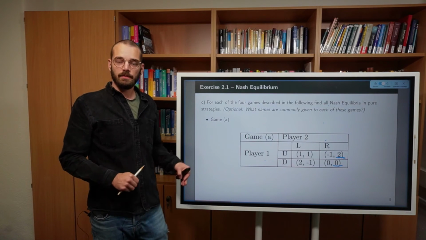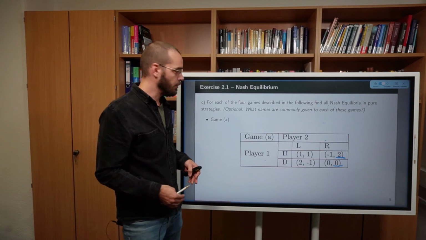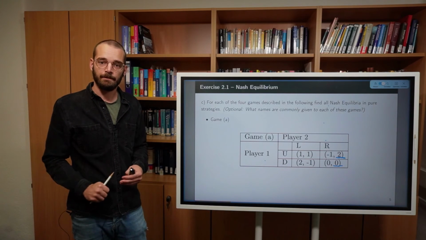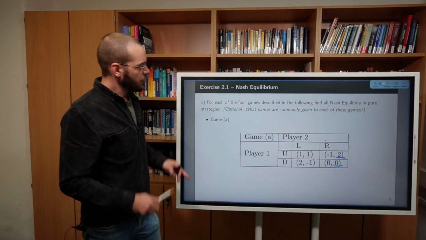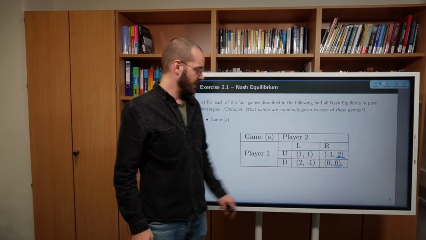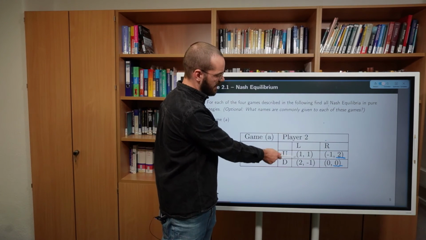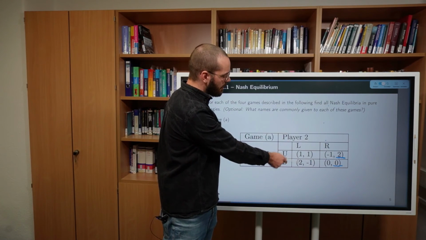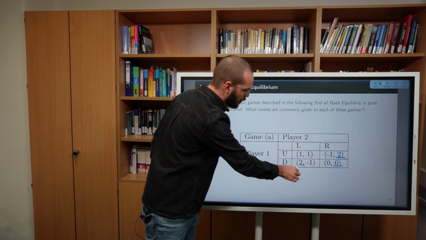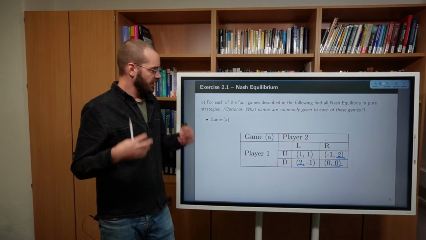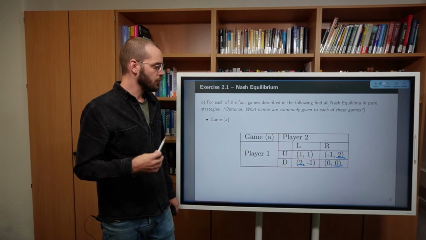Now at this point we already know all the best responses of player 2. Let's do the same for player 1. So let's assume first the case where player 2 chooses to play the left strategy. Player 1 now needs to compare a payoff of 1 in case they are choosing up with a payoff of 2 in case they choose down. Obviously 2 is larger than 1, so the best response of player 1 is to choose down.